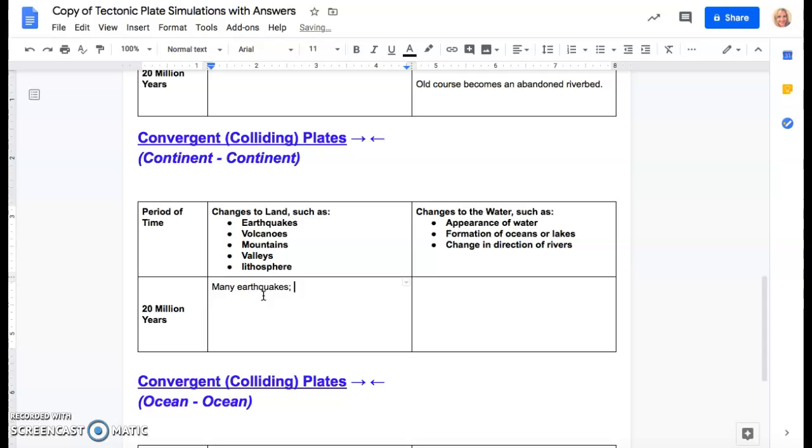I would also say that the plates collide and push up to form large mountains. Okay. You could also say that the continental crust became thicker.